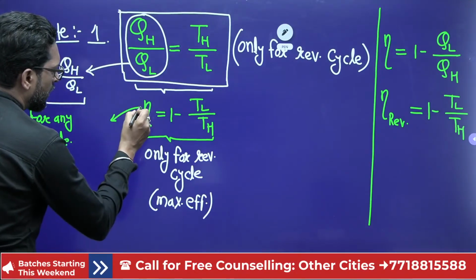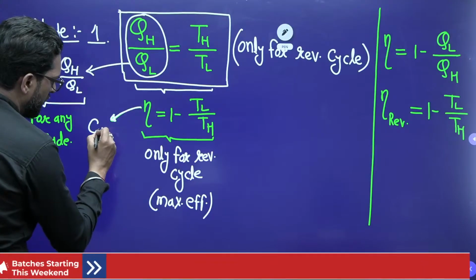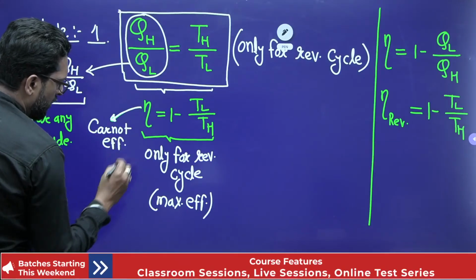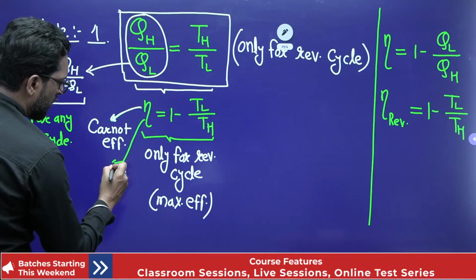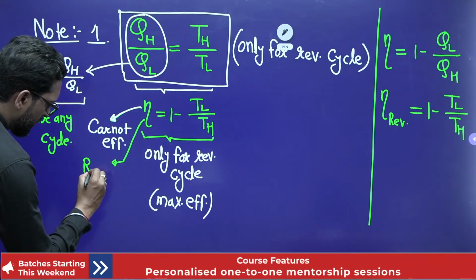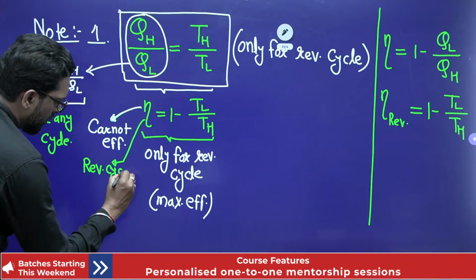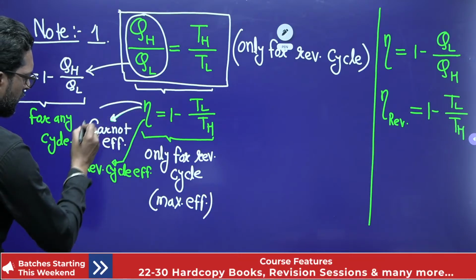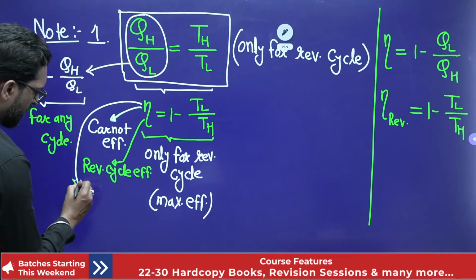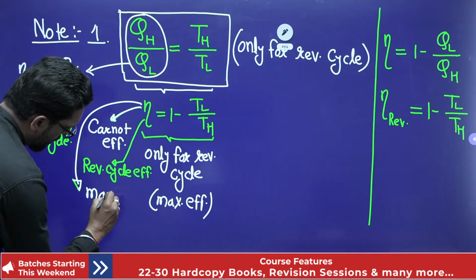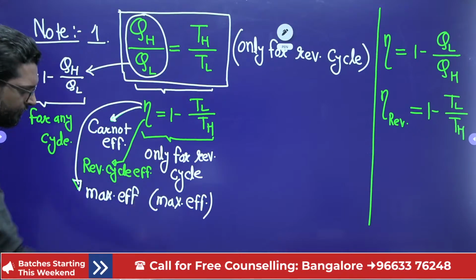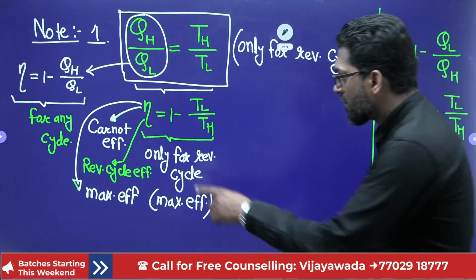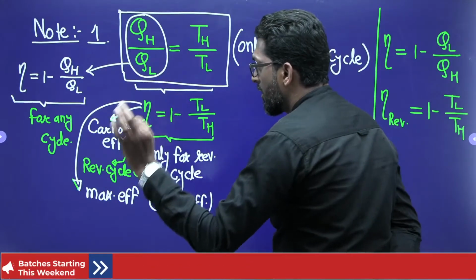This is called Carnot efficiency, also called reversible cycle efficiency, also called maximum efficiency. Is it clear? All the names are possible: Carnot efficiency, reversible efficiency, maximum efficiency.